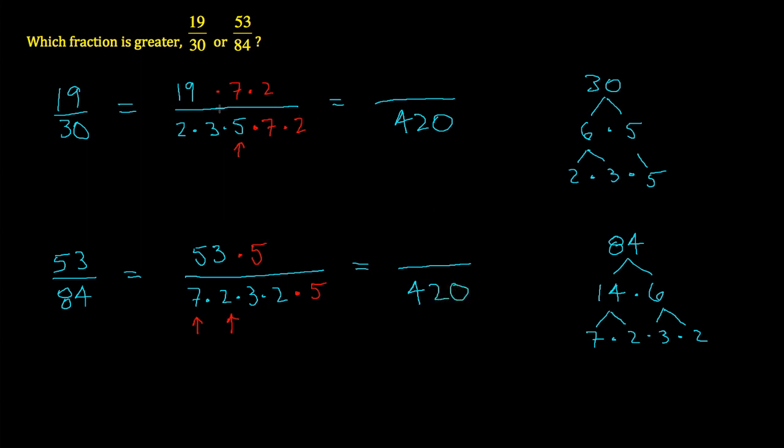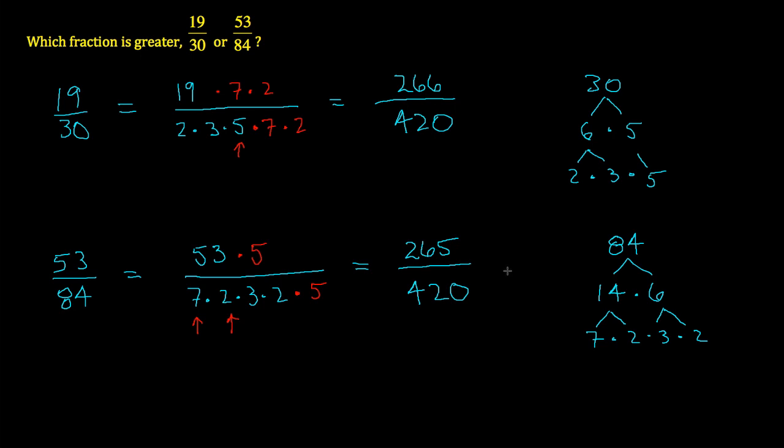Now, when I multiply the numerator, the 19 times 7 times 2 of the first fraction, I get 266. Whereas in the second fraction, when I multiply 53 times 5, I get 265. Now, when you look at the two fractions with the same denominators, you can now compare the numerators.